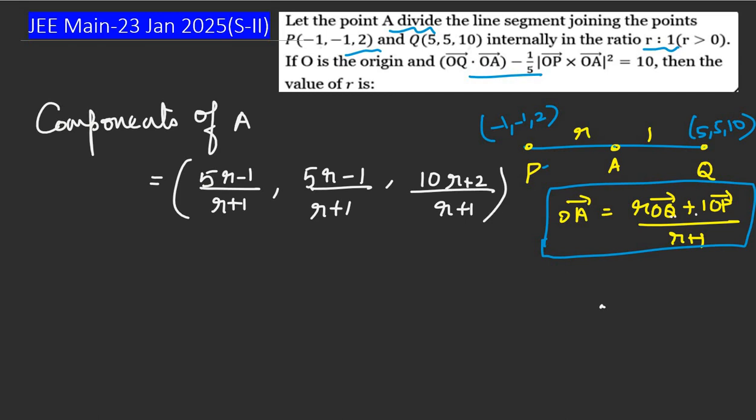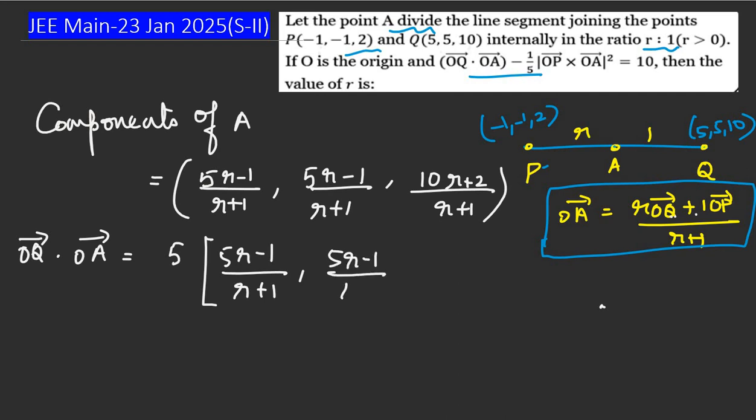Now I want to find the value of OQ dot OA. Taking the common factor outside, we can write it as OQ dot OA, which will be equal to 5 into 5R minus 1 divided by R plus 1.